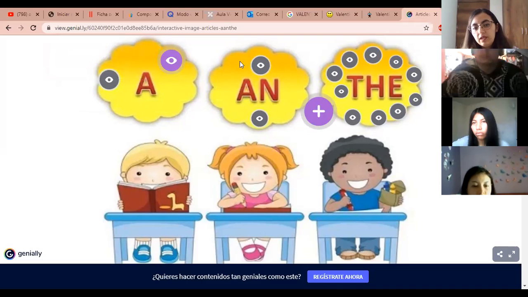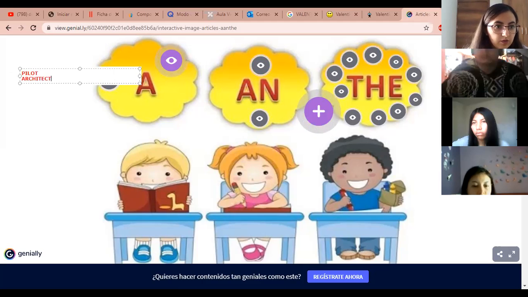And on the other side, what happens with this an? ¿Cuándo ustedes utilizan el an? Come on, guys, when do you use an? When the next word starts with a vowel.